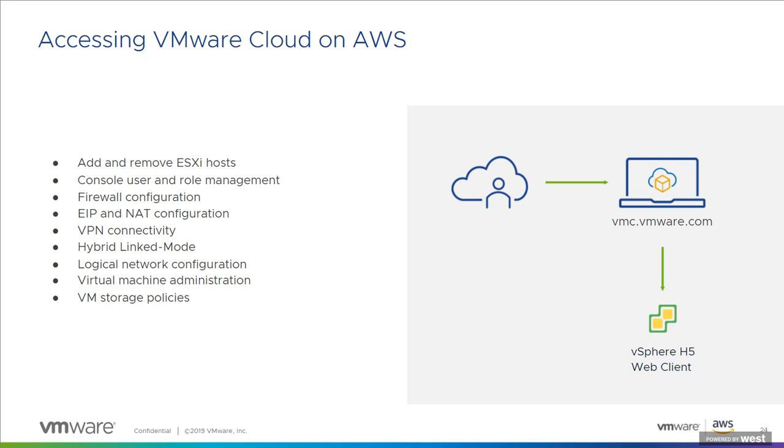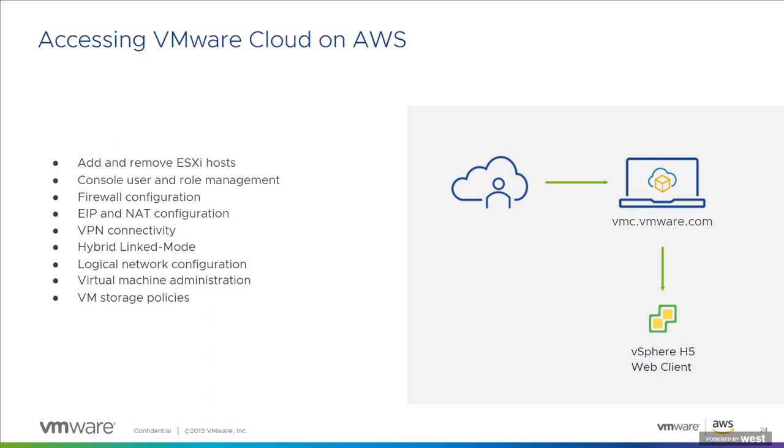When you access VMware Cloud and AWS through the console, you can add or remove ESXi hosts to your SDDC. You have the option for a console user in role management to configure that. You have full access to the firewall configuration.